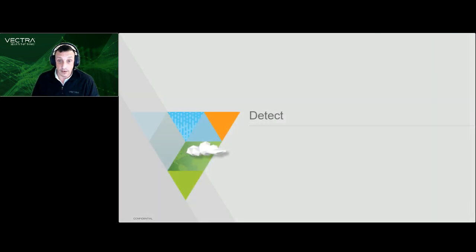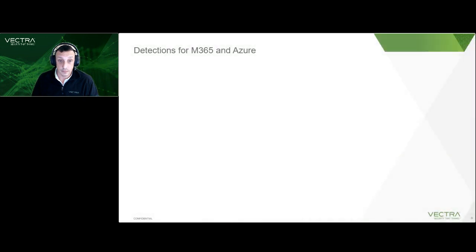So looking into these areas in greater detail, we will first look at the detect element. By definition, the word detect is the action or process of identifying the presence of something concealed, or the fact of noticing or observing something.